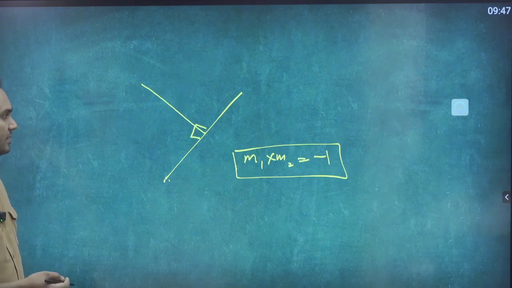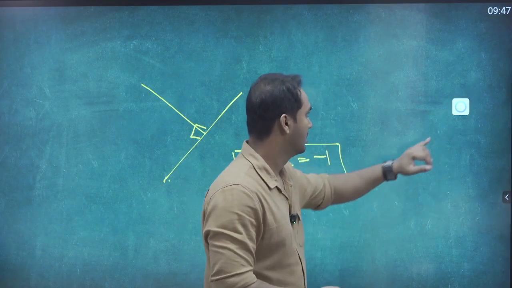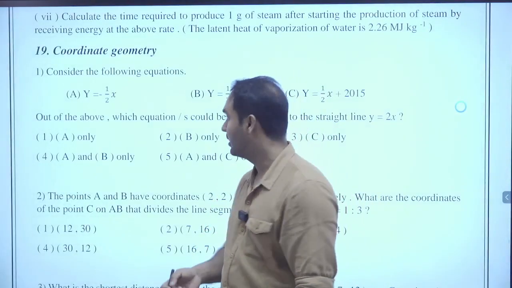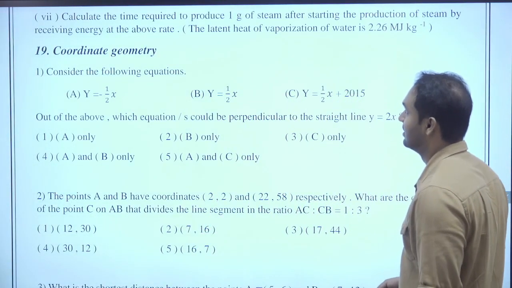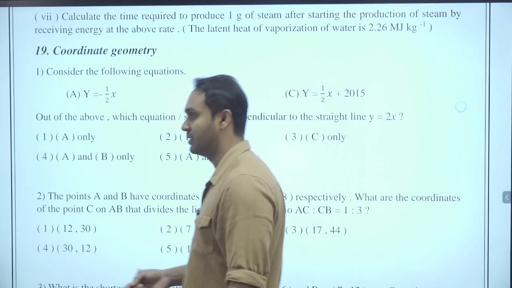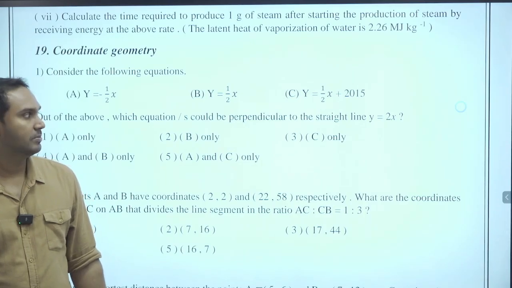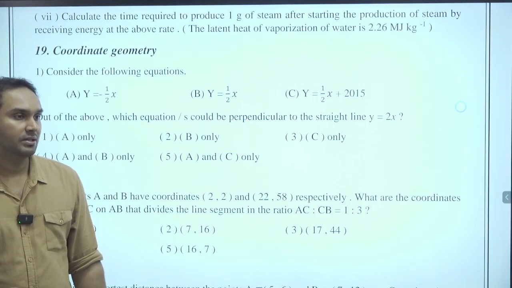Likewise, so what is the M value of the given formula? That was y equals 2x, so the gradient is 2. So which equation should be perpendicular to it?